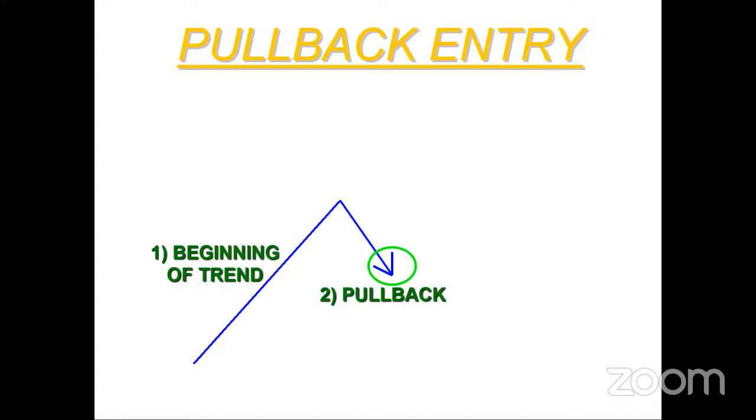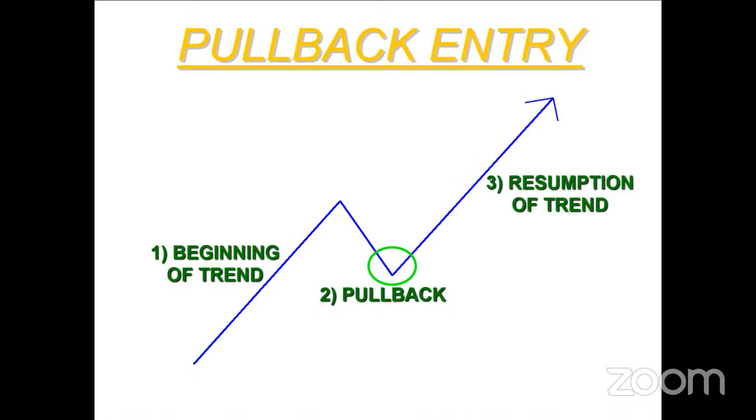Now, if it's a pullback, we have the requirements to show you what is involved within a pullback as opposed to a brand new trend. And then that's a buying opportunity. That's where you actually want to buy in those lower levels, because the next phase is phase number 3, where it's a resumption of the original uptrend.